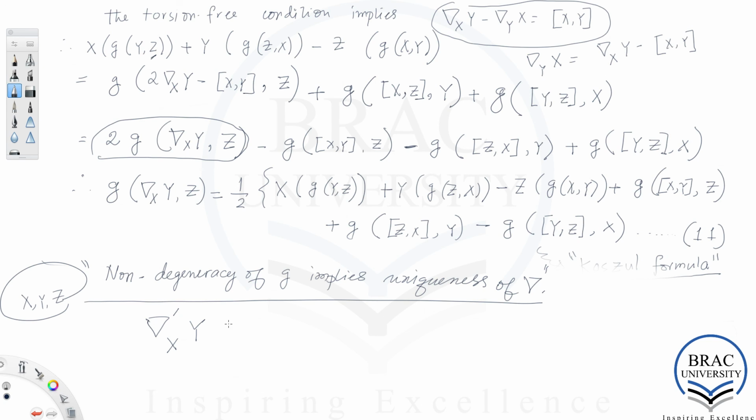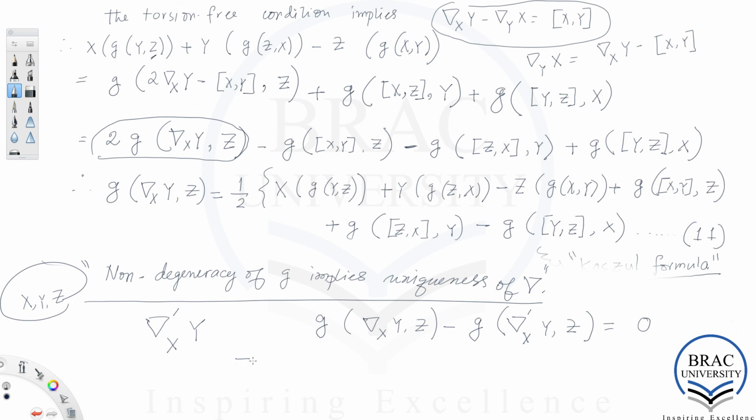And from which we will have the following: G of nabla x y comma z minus G of nabla prime x y comma z to be equal to 0.